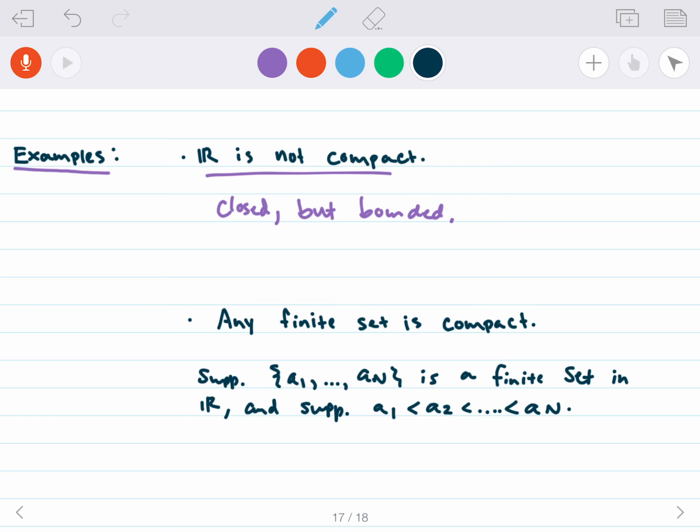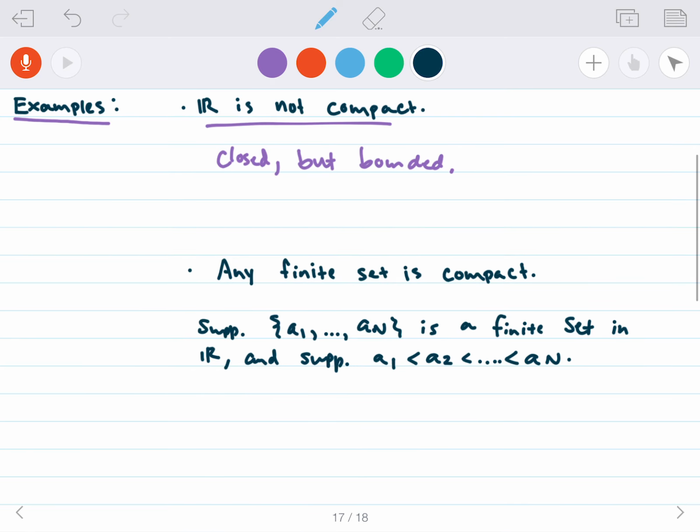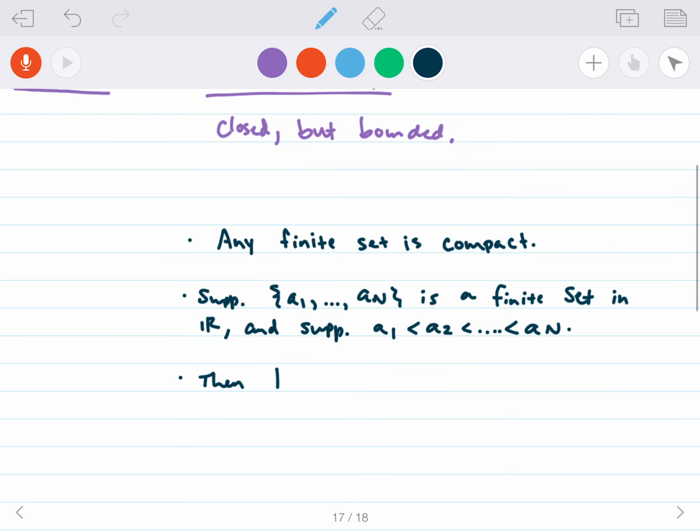Well then, suddenly this set is bounded. Let M be the max.